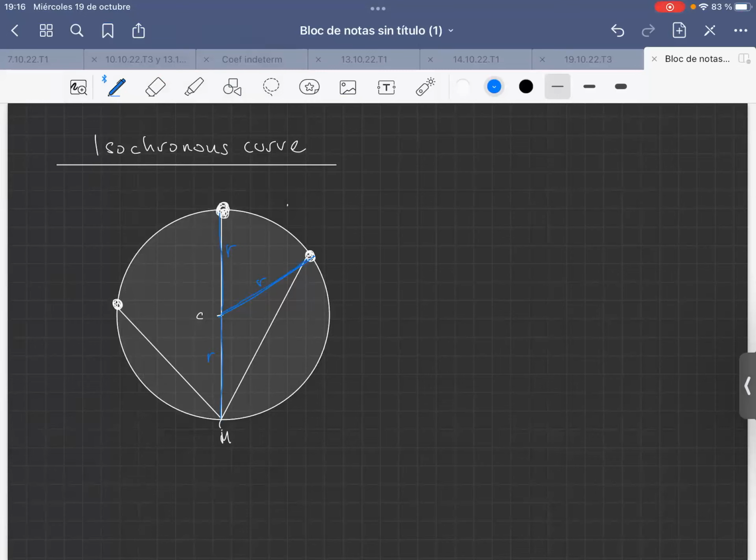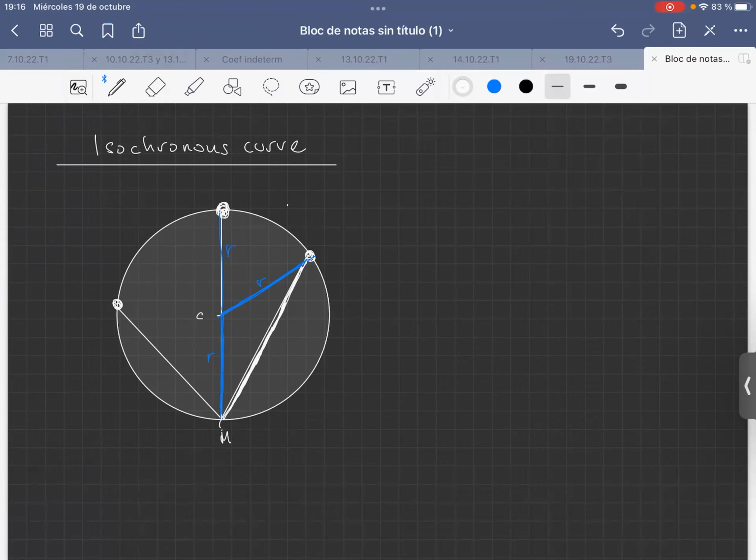So see here a little bit of geometry. This is a triangle that has two of the sides the same, these two R's, and another side that is different in length, which is this one. So this triangle is isosceles.